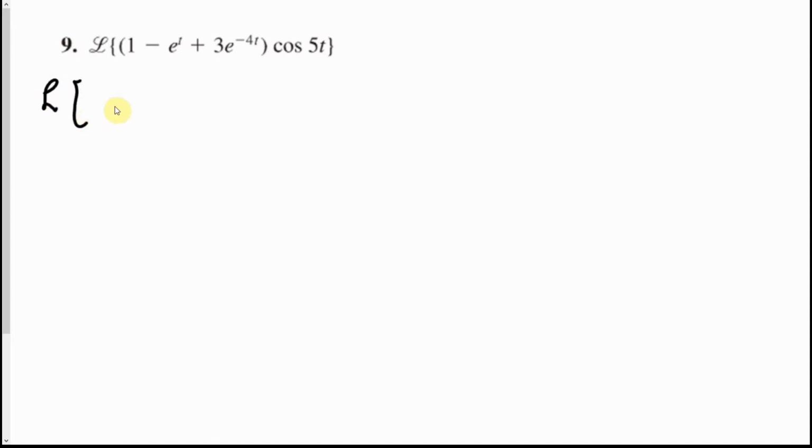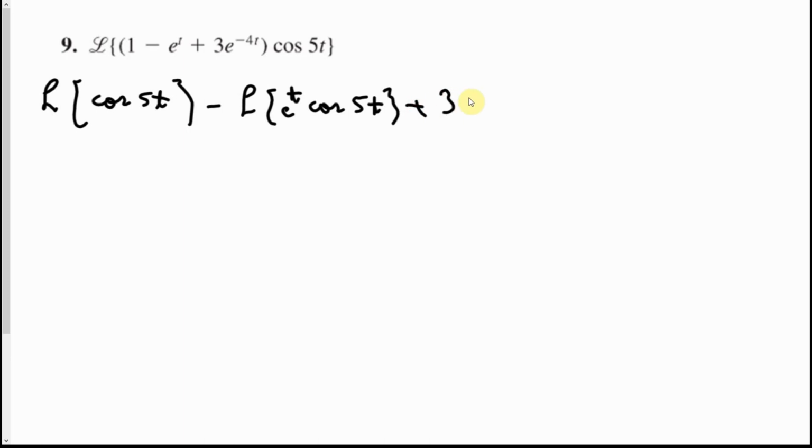So this is the Laplace transform of cosine 5t minus the Laplace transform of e to the t times cosine 5t plus 3 times the Laplace transform of e to the negative 4t times cosine 5t. Now there's no first translation theorem here because there's no e to the t associated with this.